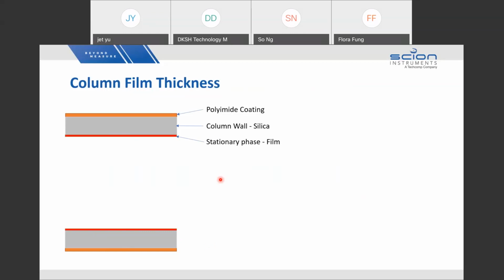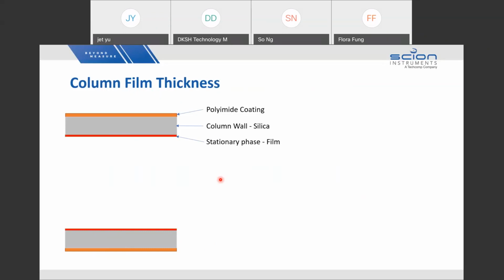Without this coating, the column is easily broken because the column wall is silica, which has very weak mechanical strength. With the coating, you're able to circle and bend the columns without much issue.